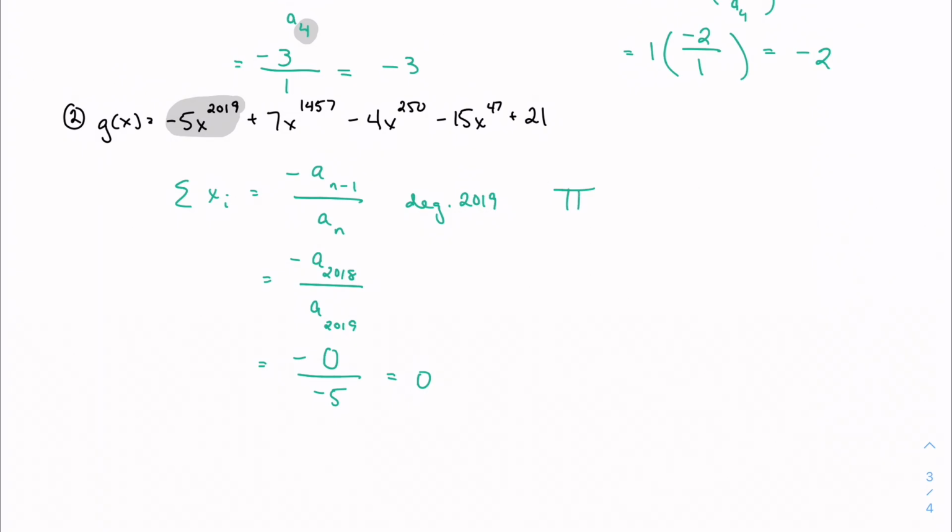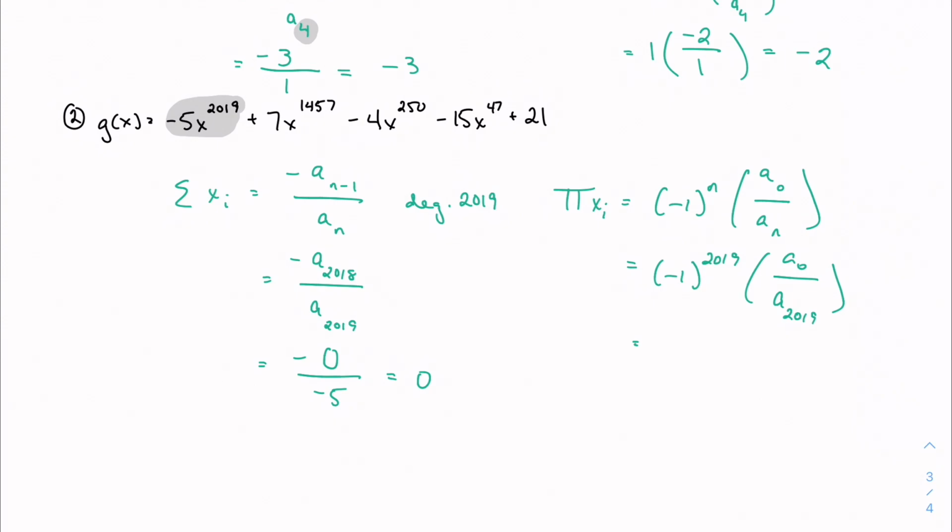Let's take a look at a product. So I've got negative 1 to the n, a sub 0 over a sub n. Again, my degree is 2019, so I'm going to write that in, a sub 2019. A negative number to an odd power stays negative, so -1.